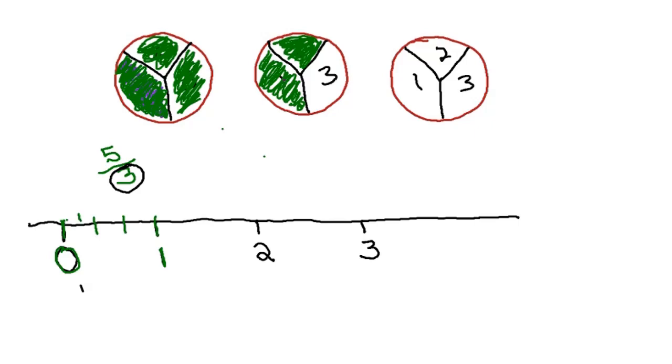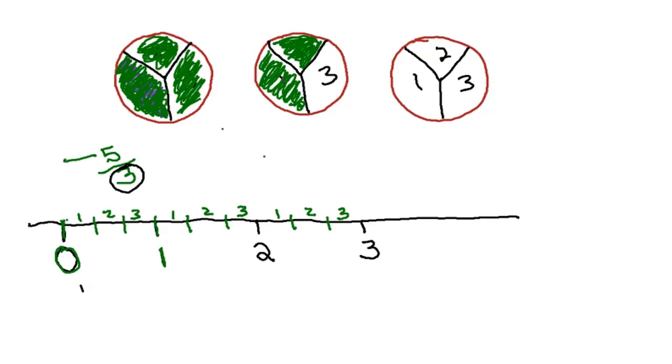So here's piece 1, here's piece 2, here's piece 3. And we're going to divide the section between 1 and 2 into 3 even pieces. So here's piece 1, piece 2, piece 3. And we're going to divide the section between 2 and 3 into 3 even pieces. So here's piece 1, piece 2, and piece 3.